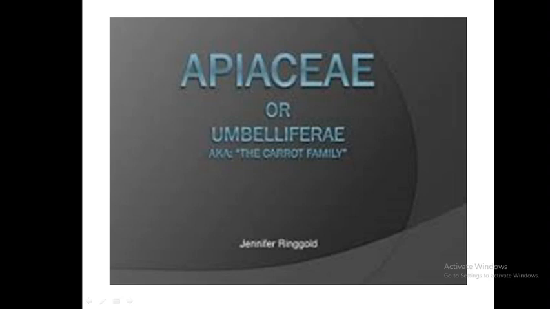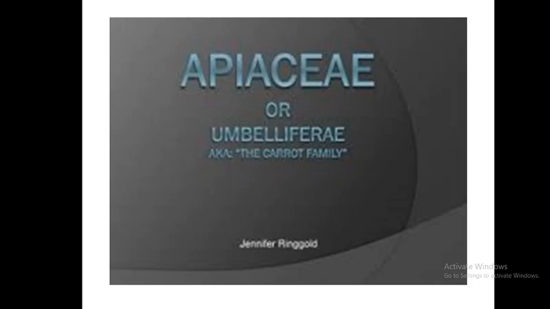Now, the leaves. In this Apiaceae or Umbelliferae, the leaves are rarely simple, for example Hydrocotyle, but usually compound, pinnately, palmately compound or decompound, for example Coriandrum.